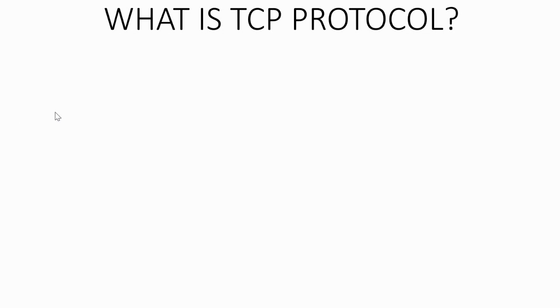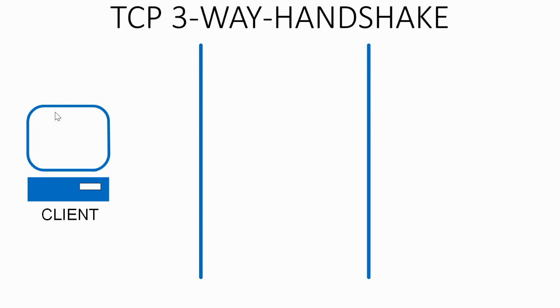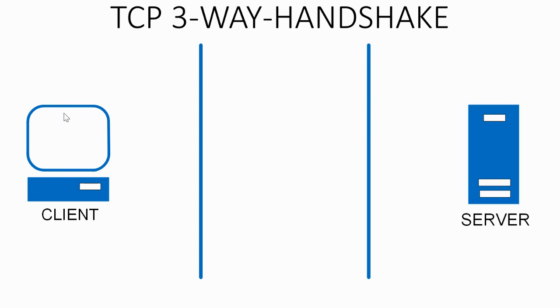In a normal environment, TCP works by establishing a three-way handshake. It's broken down into three simple steps. We have a client who is trying to establish a connection to a server. In the first step, the client will typically send out a synchronize bit requesting the server to begin communication with the client.